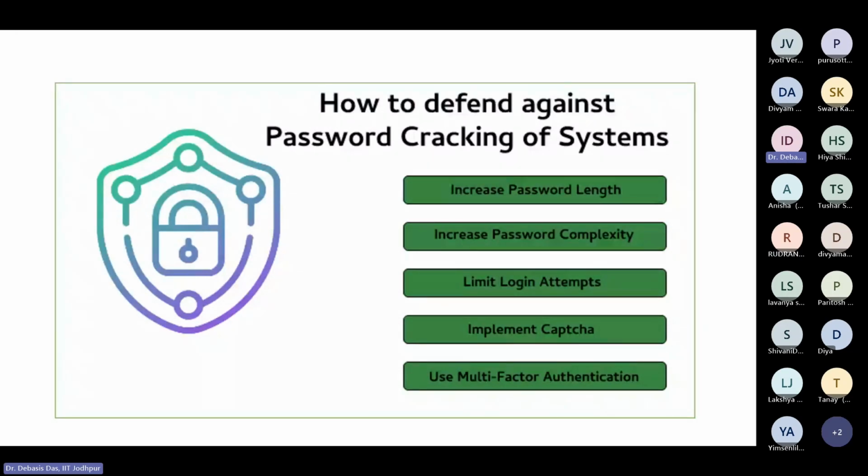That's why sometimes you check and it mentions "I am not a robot" or something, you click and then enter into the system. Same concept here.